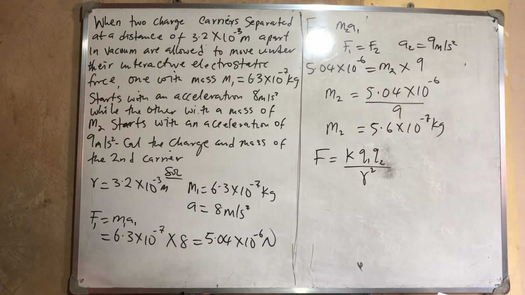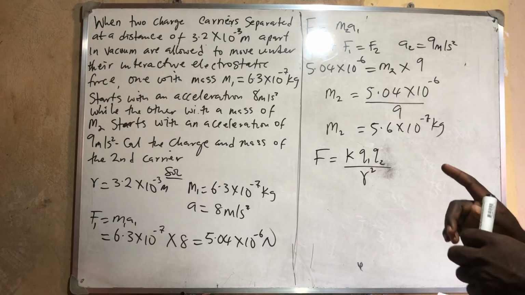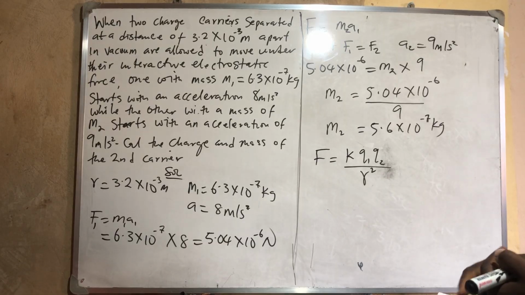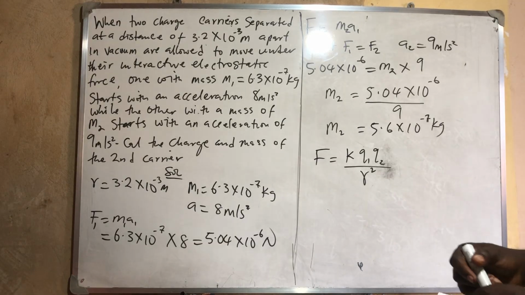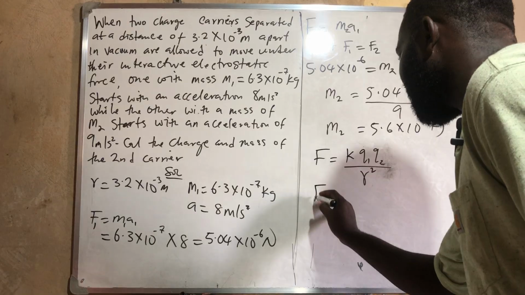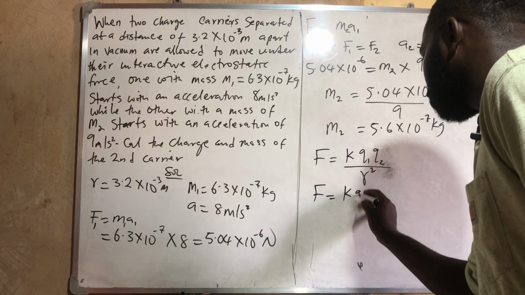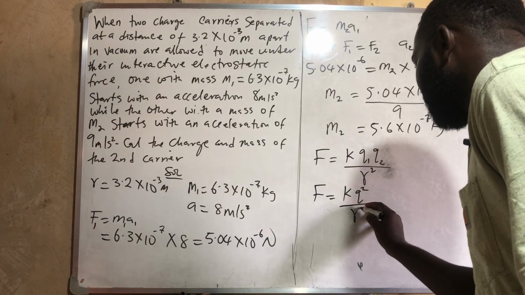But here q1 and q2 are equally the same. They have similar charge. So since q1 and q2 are equally the same, I'll have that F is equal to kq squared all over r squared.